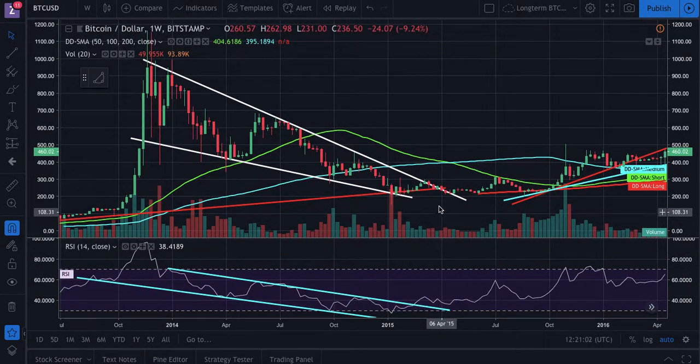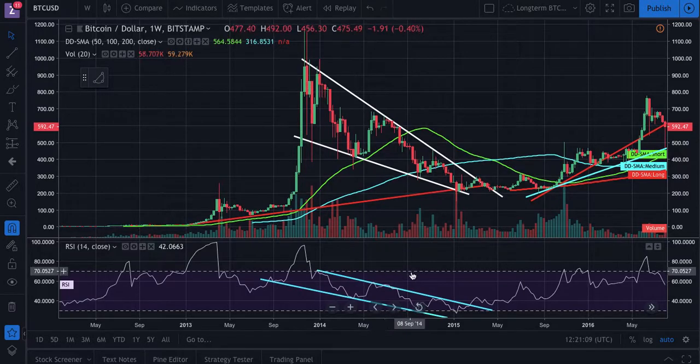So what do we need to do here? This is really important, I think, at least in my opinion. So once it has broken the trend on the RSI and the weekly RSI, we know that we're gonna get some kind of a small run on Bitcoin, let's say 50 to 100% maybe.